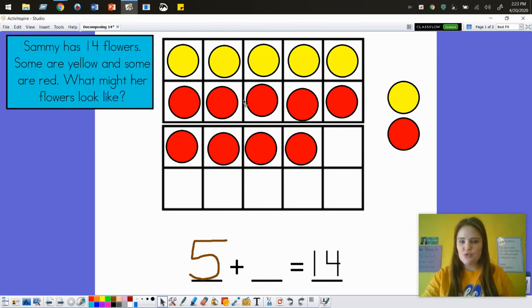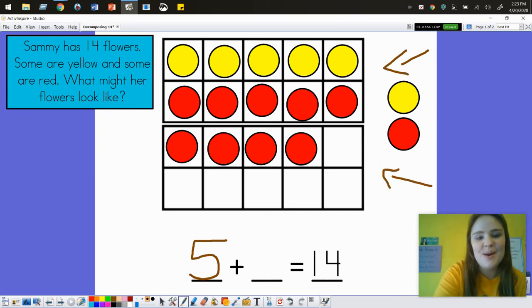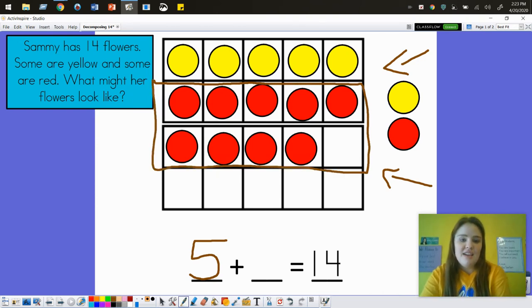If you look at the 2 rows of red, you might notice that it looks like its own 10 frame. Let me show you what I mean. We've got one 10 frame up here at the top, one 10 frame here at the bottom, but this is also its own 10 frame, its own 2 rows of 5. So if you look at it that way, I'm wondering if any of you know the number right off the bat.